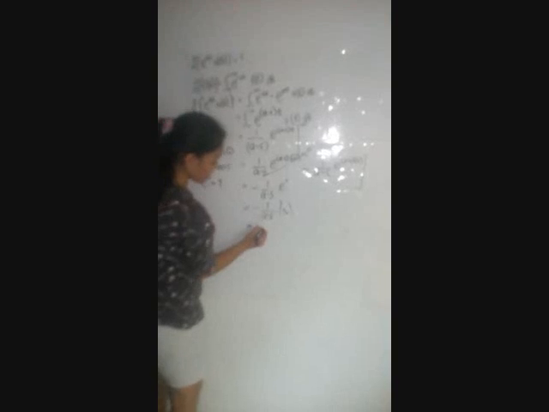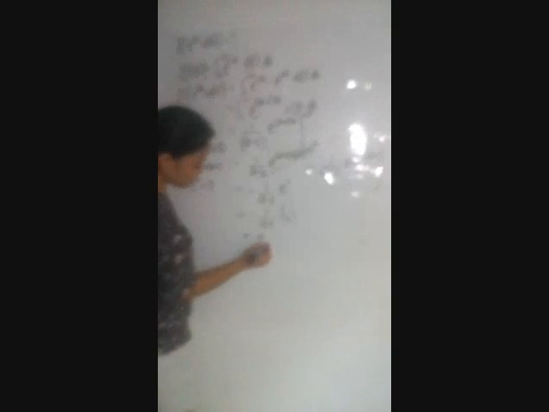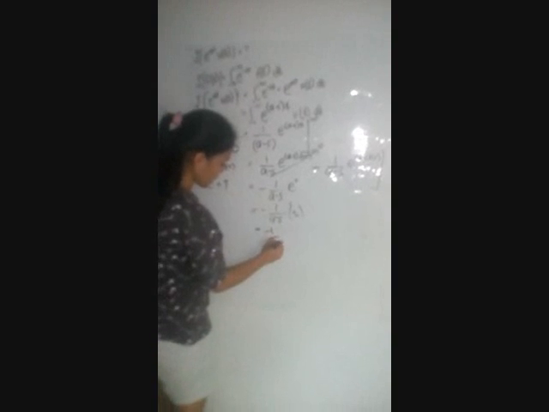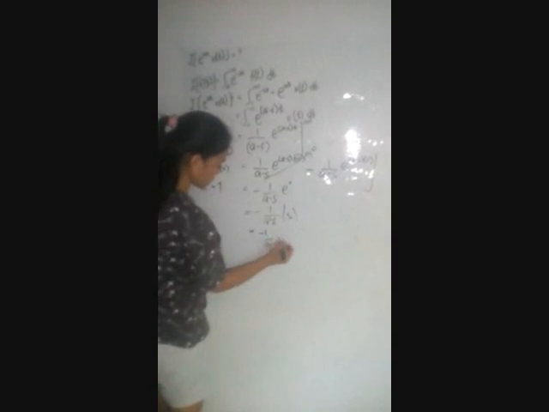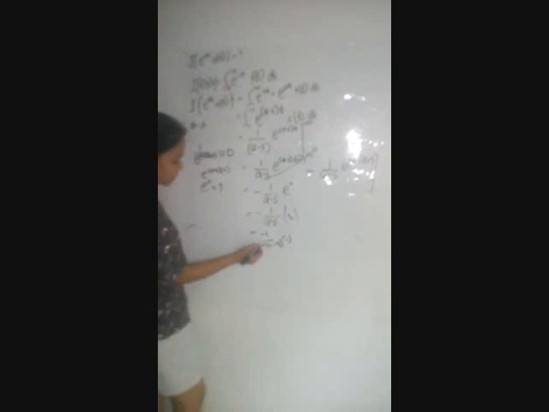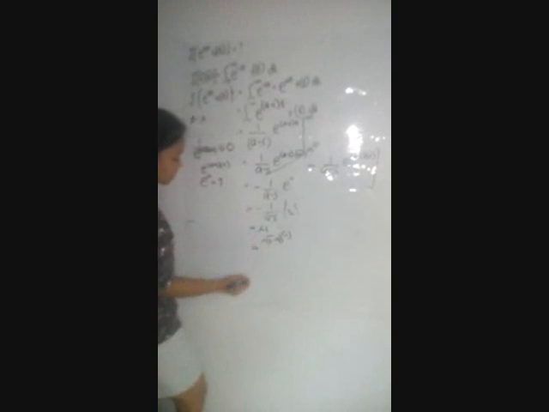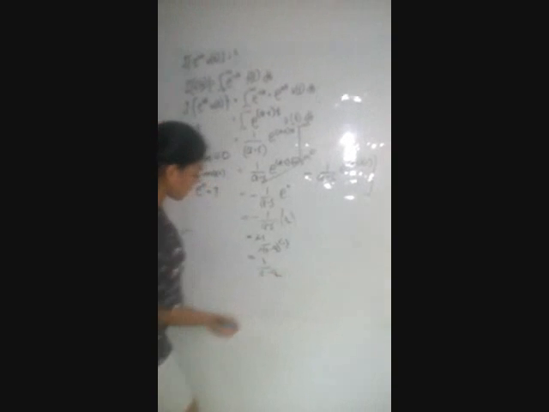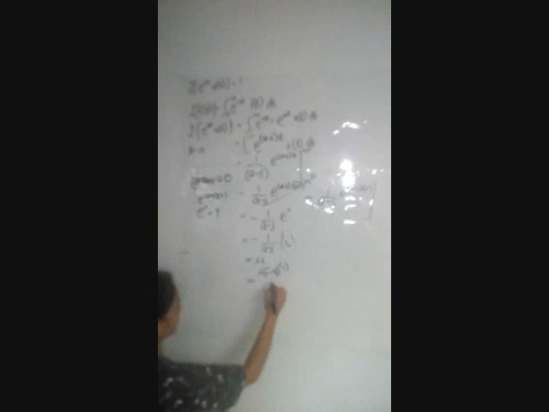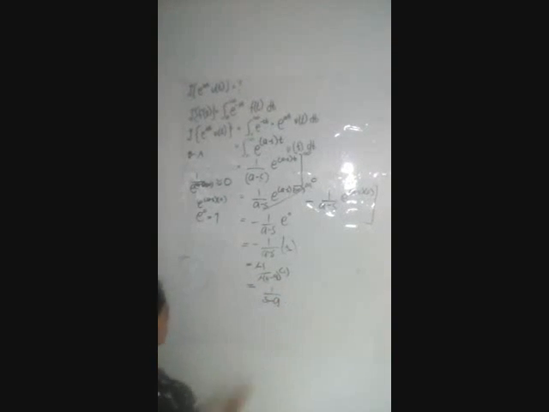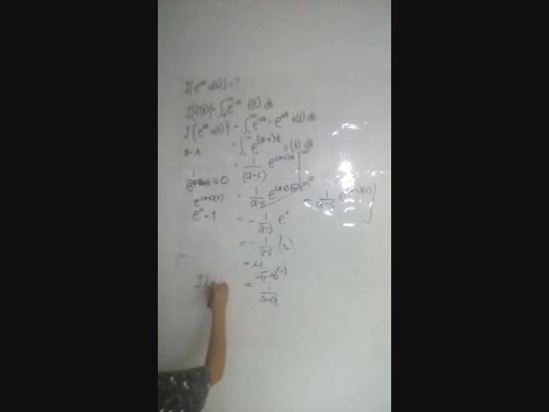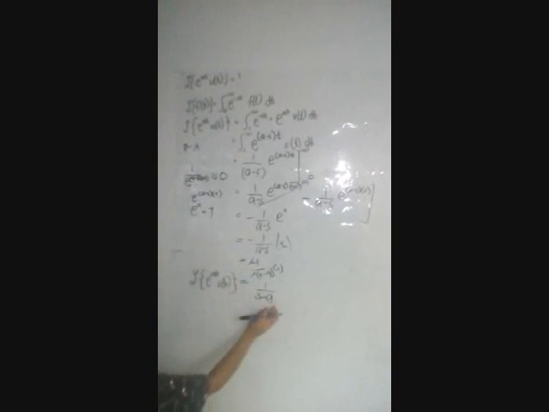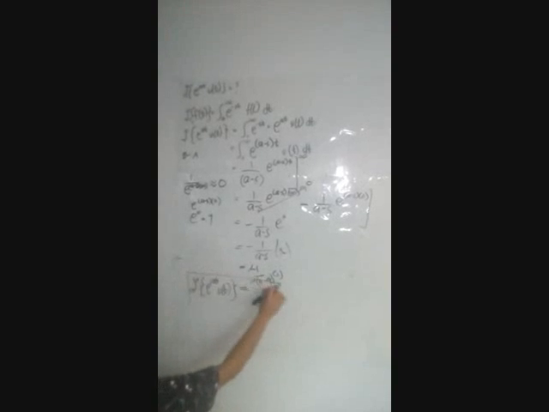We can simplify this as negative 1 over negative (s minus a) times 1. Cancel the negative sign, and we have 1 over (s minus a). So the Laplace of e raised to a t u of t is equal to 1 over (s minus a).